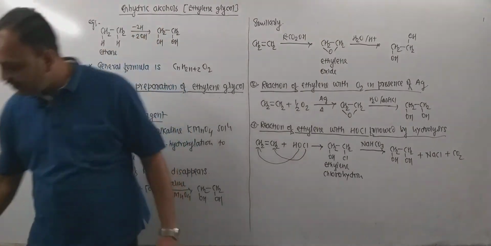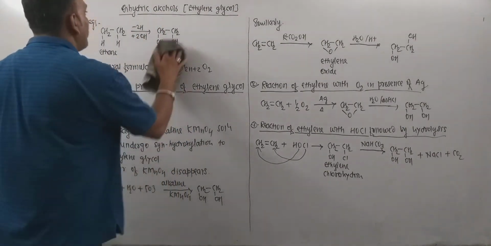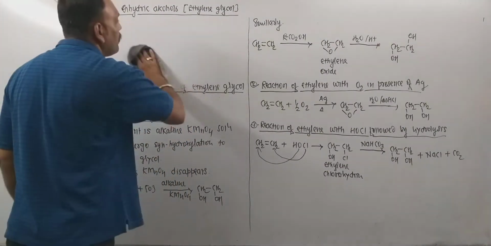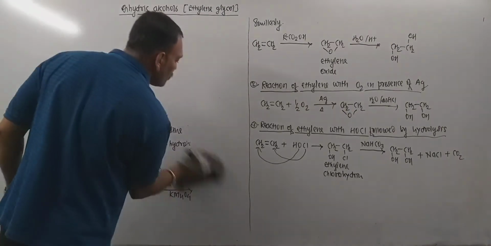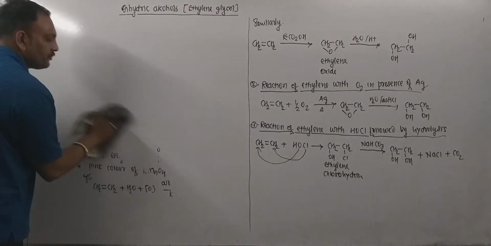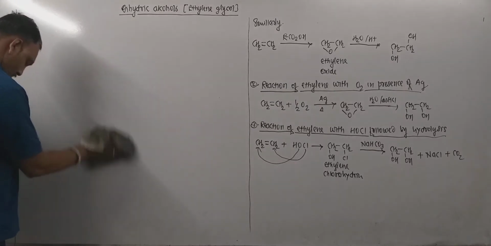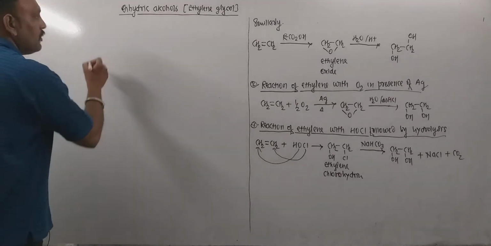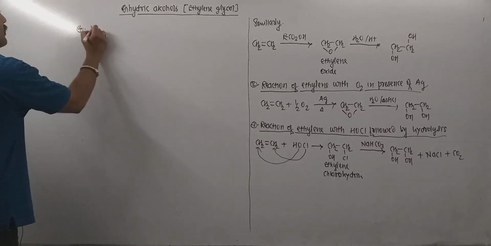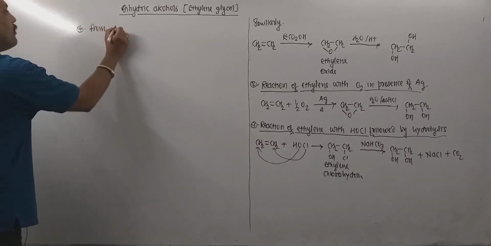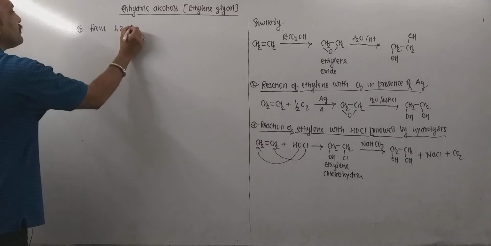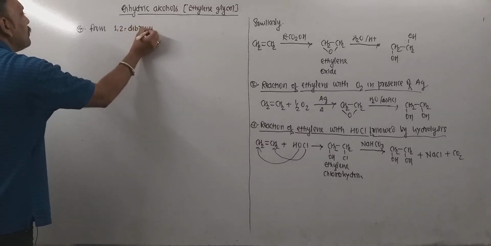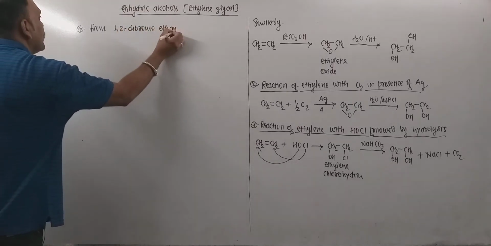Then next to this, one can prepare ethylene glycol from 1,2-dibromoethane also. Remember, 1,2-dibromoethane is vicinal dihalide. So fourth method of preparation is from 1,2-dibromoethane.